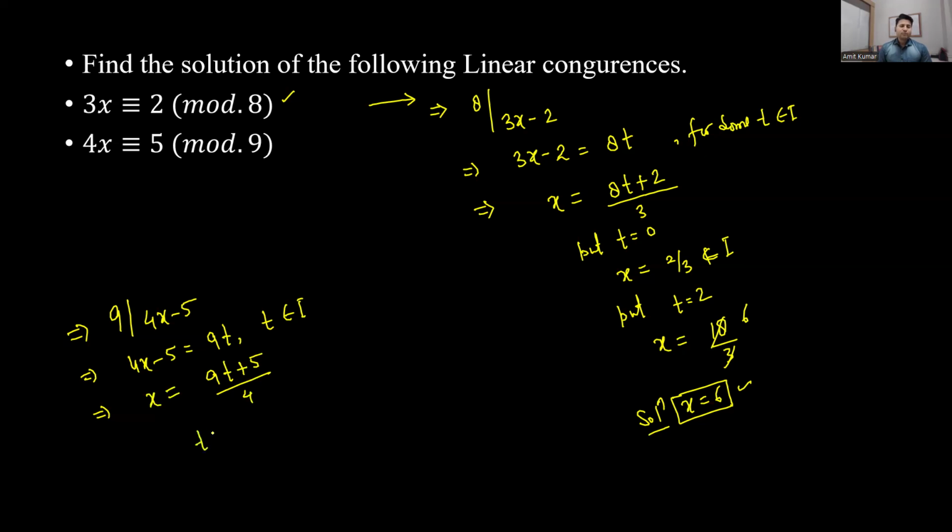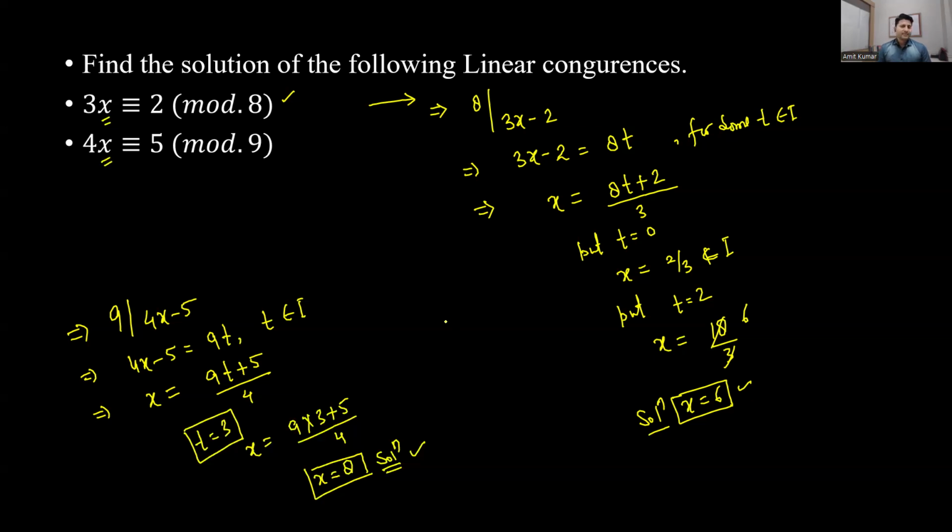I think at t equal to 3 it will work. So x is equal to (9 cross 3 plus 5) upon 4, that is 27 plus 5, 32 upon 4, which is 8. So x equals 8 is the solution of the given equation. Do remember one thing: t is not a solution. What is the solution? The values of x, because the question is asking for the value of x.